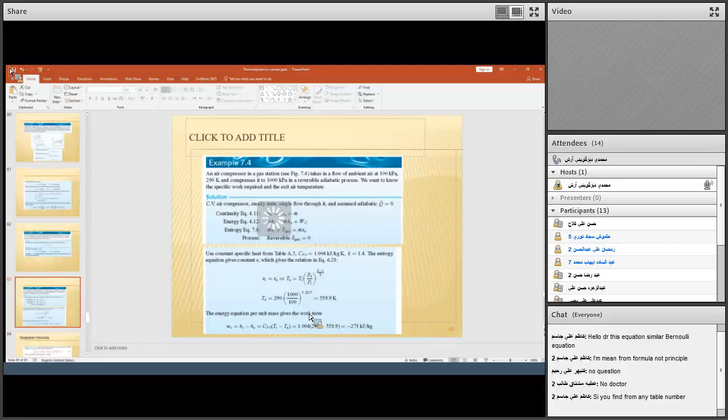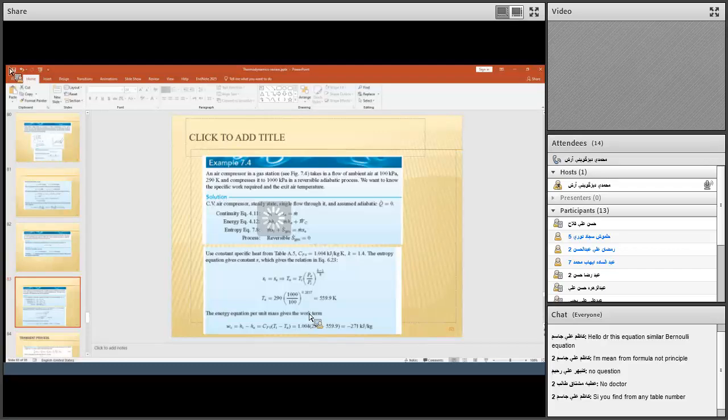What equations should we use in this example? The first is continuity. Mass flow rate at inlet and outlet of the compressor are equal to each other. The other equation is the energy equation: mass flow rate times enthalpy at inlet equals mass flow rate times enthalpy at exit plus rate of work.